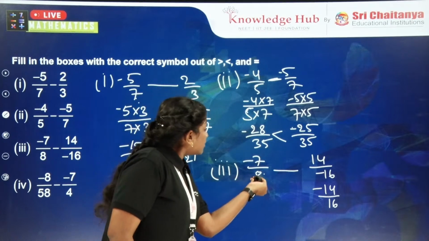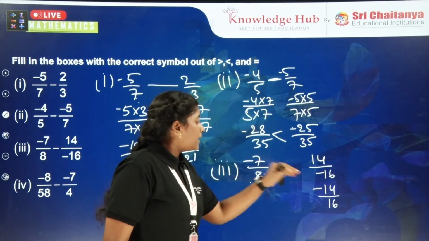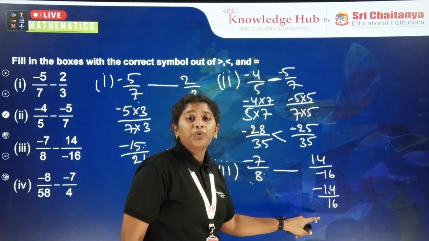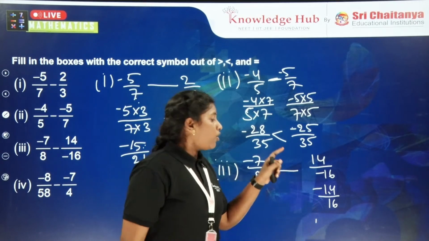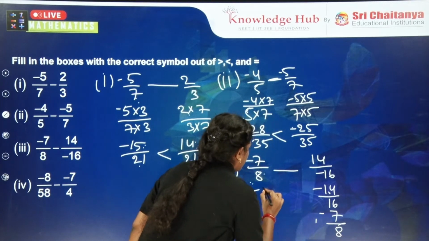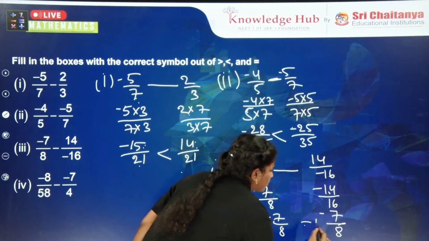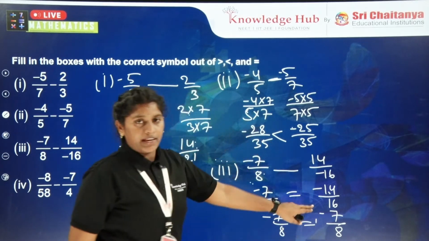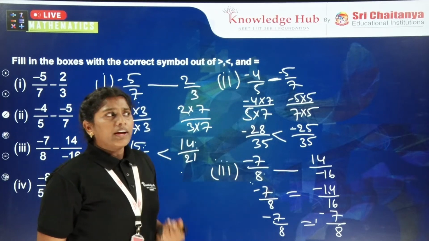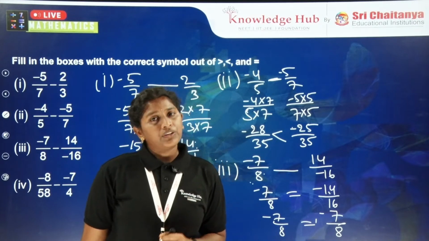Now bring that into the simple form. Or you can convert the first rational number's denominator 8 into 16 also. But here we have the common factor between 14 and 16 as 2, and on division you will get minus 7 by 8. So now we have minus 7 by 8, which equals minus 7 by 8. Whether we have to do multiplication or division depends upon the question.